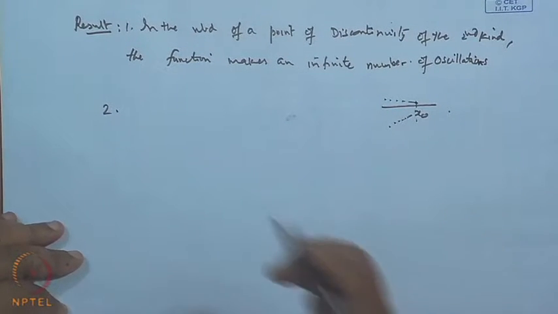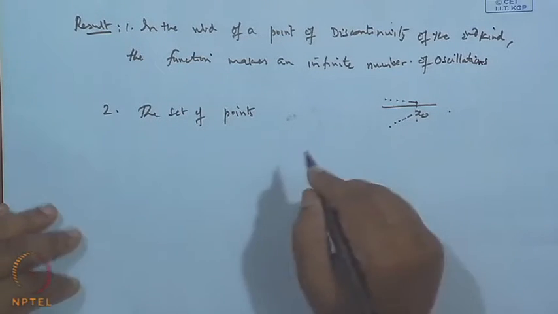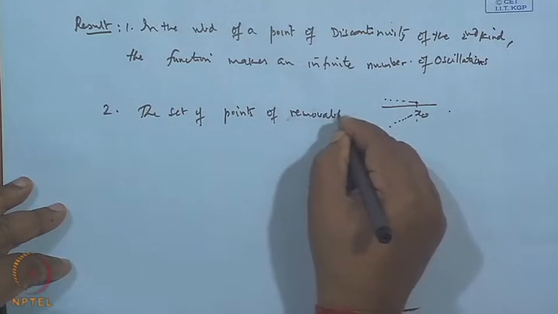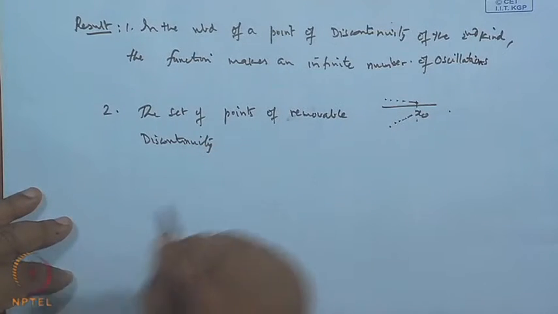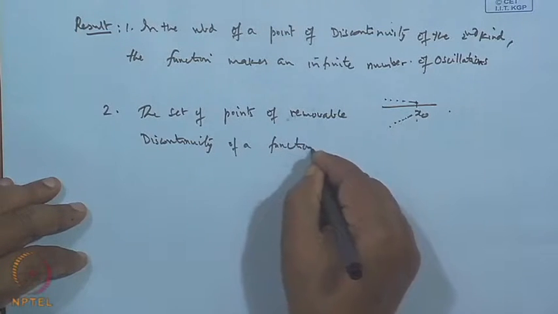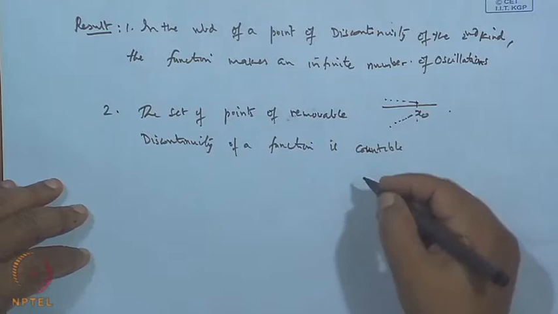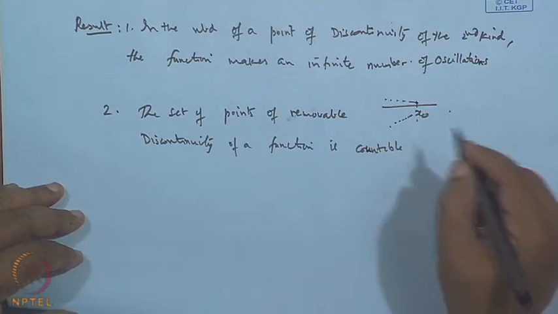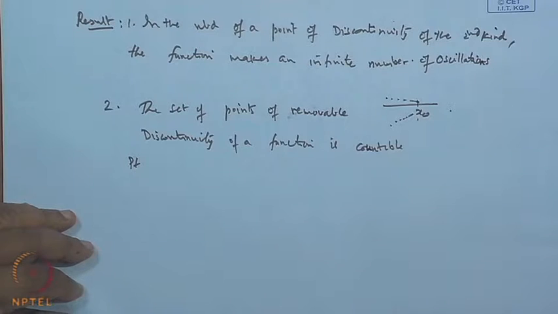Second result: the set of points of removable discontinuities of a function is countable. The reason, the proof, is like this.